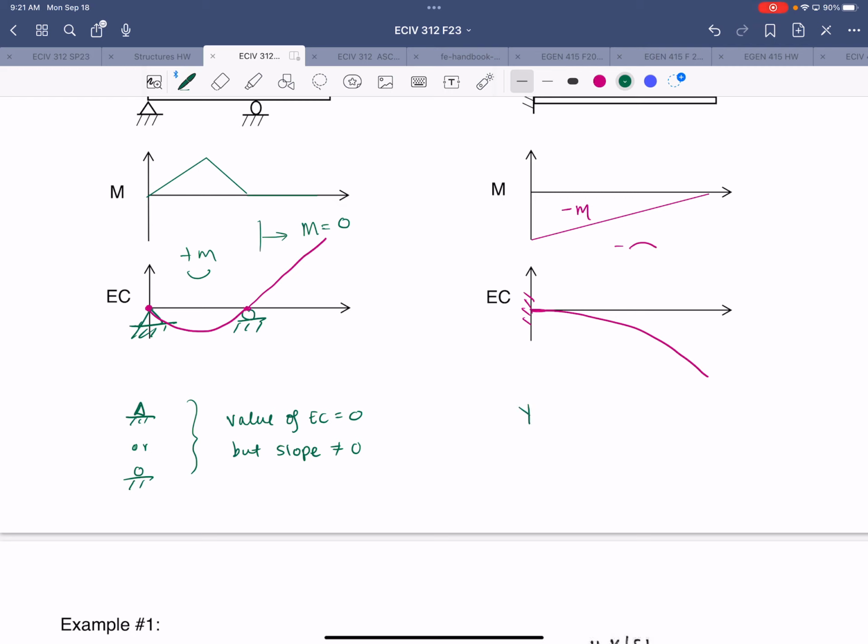And then here for a fixed support, the value and slope of the elastic curve have to be equal to 0 at that fixed support.